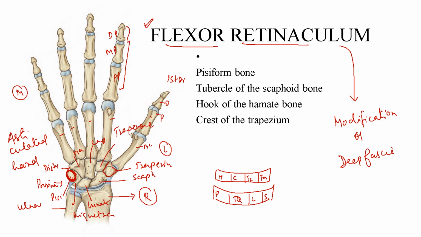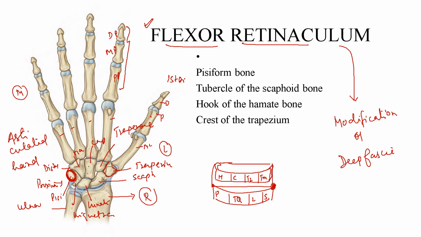You will find a tubercle on the scaphoid, and a hook-like projection on the hamate, the hook of the hamate. Then in the trapezium, you have a crest. These are the four bony pillars on which the deep fascia is attached and gets thickened.